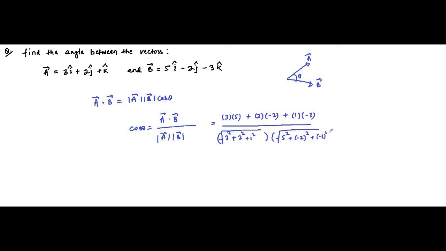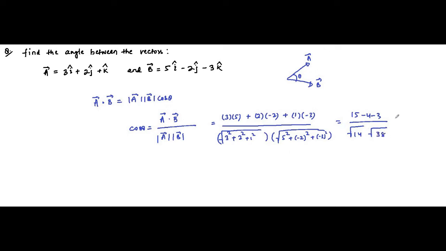So here it is 15 minus 4 minus 3, which is 8, by root over of this one, 9 plus 4 is 13, plus 1 is 14, and here it is root over of 25 plus 4 is 29, plus 9 which is 38.